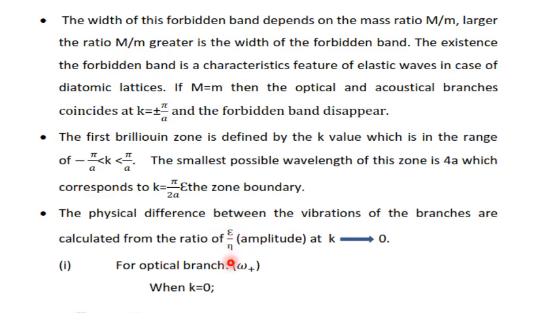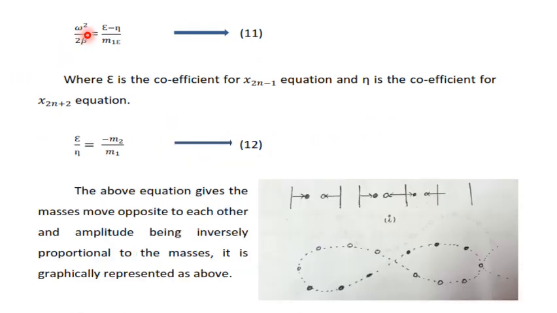When you calculate the ratio between these two at k equal to 0 for the optical branch, the equation becomes omega square by 2 beta epsilon minus eta divided by m1 epsilon. M1 is the first atom, where epsilon is the coefficient of the x2n minus 1 equation, and eta is the coefficient for the x2n plus 2 equation.